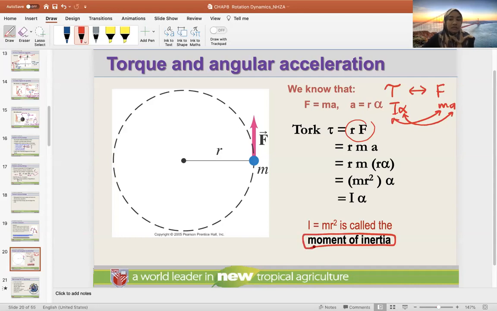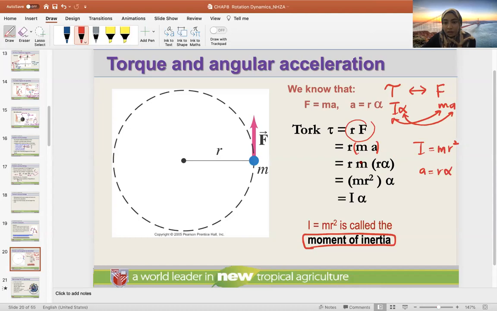Okay, that's just its name. And what is I? I is typically mr squared. Okay, so how do we know I equals mr squared? So look at this equation, F equals MA. I'm substituting F equals MA. So F is MA here. I know A is actually R alpha. So I substitute acceleration with R alpha.